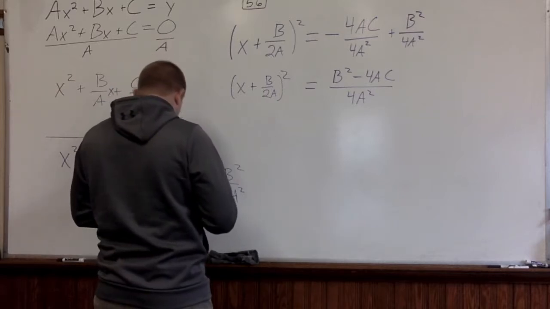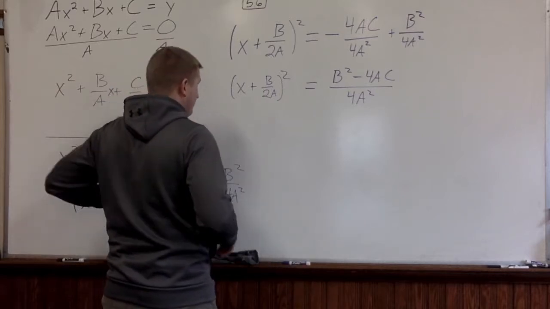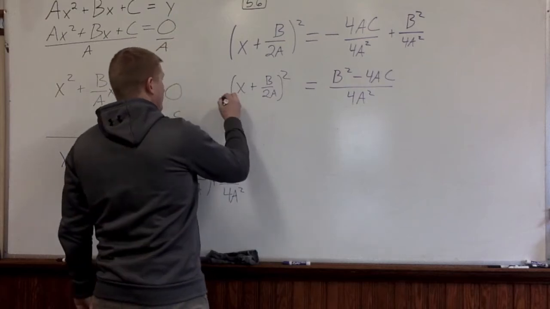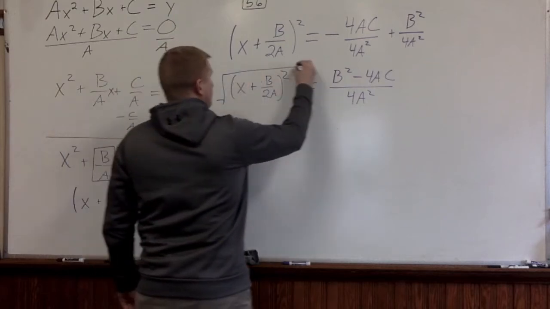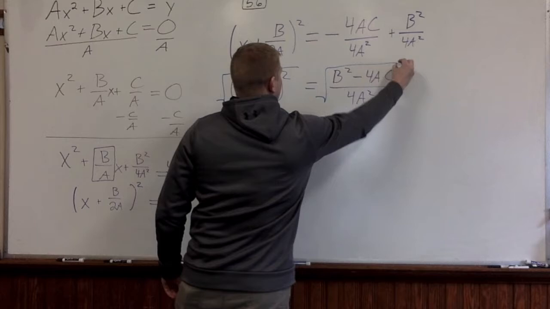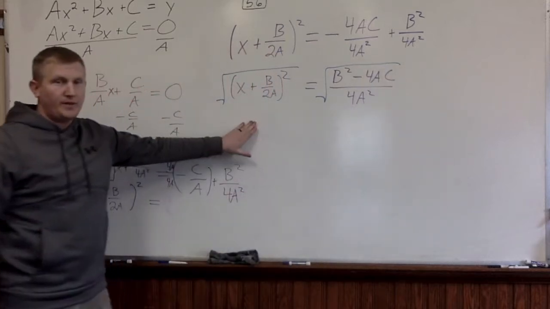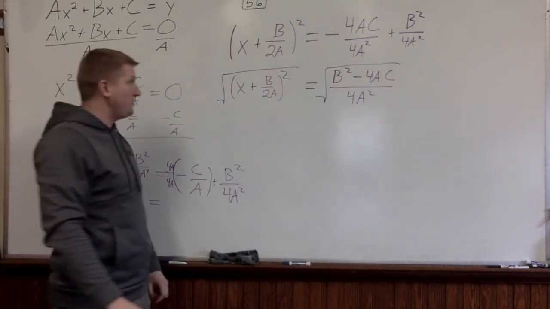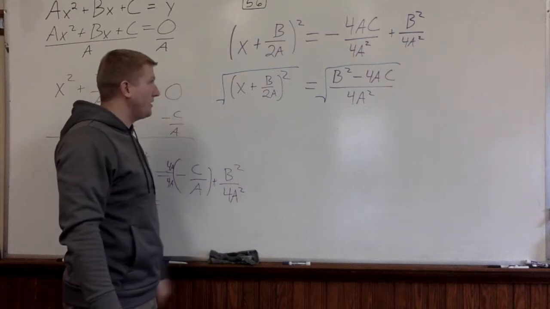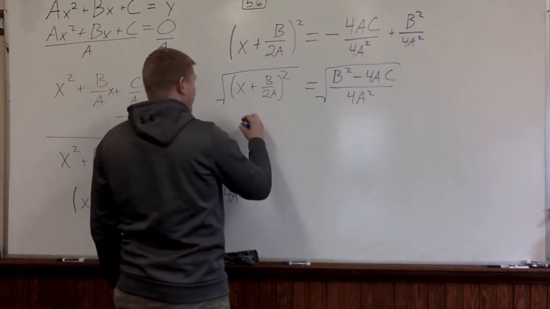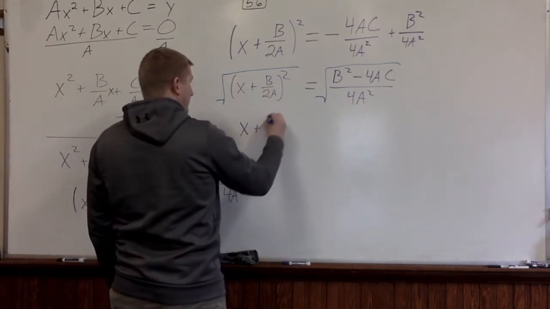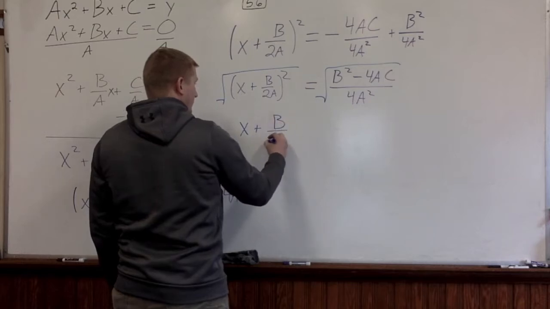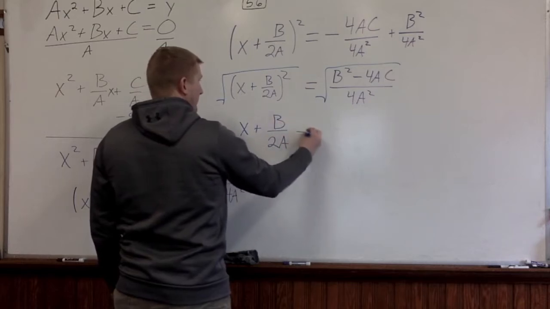Let's get a different color up here. All right. Now square rooting the left side, it's not too interesting. It's just going to be whatever is in the radical. So we end up with x plus b over 2a.